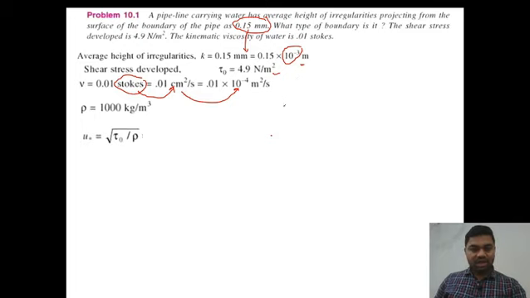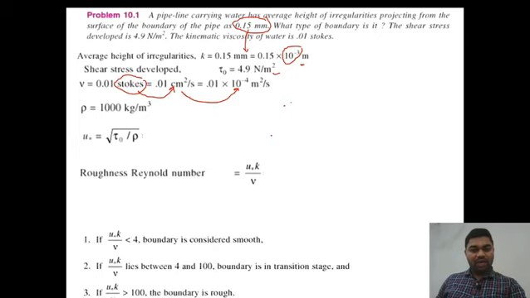Shear velocity is equal to under root tau naught by rho, shear stress at the pipe wall by rho. After that, we have the roughness Reynolds number, that is u star k by kinematic viscosity. Depending upon that value, we can classify what type of boundary it is.